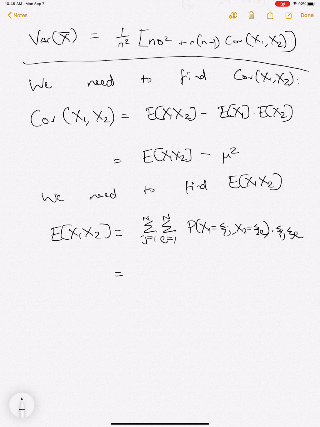If things were independent, it would be a lot easier because you could just split up the probability, but you can't because they're not. But what we hopefully remember from 309 is that you can rewrite this using the conditional probability.